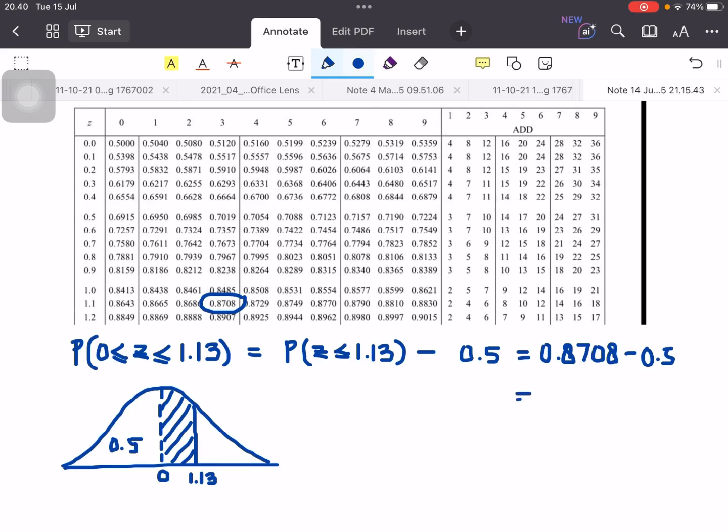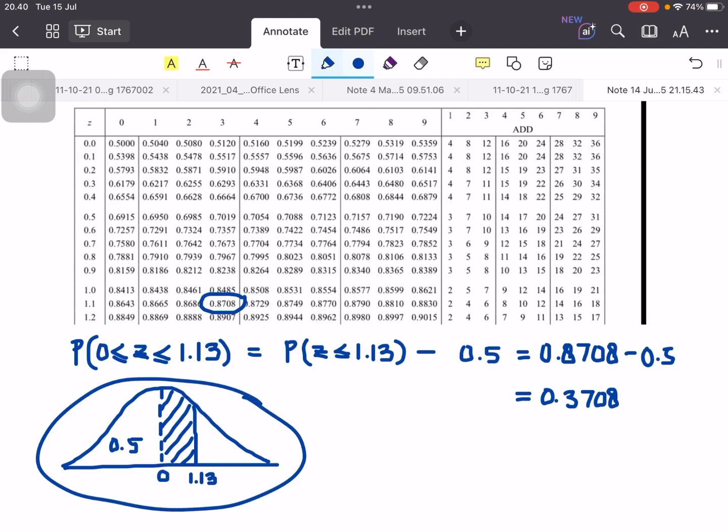So the answer will be 0.3708. So associating probability using area will make our job much easier.